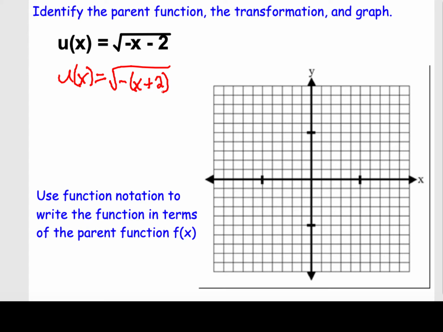So how about we plug a number in like maybe -6, right? If we plug -6 in here, -6 plus 2 is -4. Double that negative makes +4, and the square root would give us 2. Okay? So notice it's just helpful to have -6, 1, 2, 3, 4, 5, 6, +2 up here.